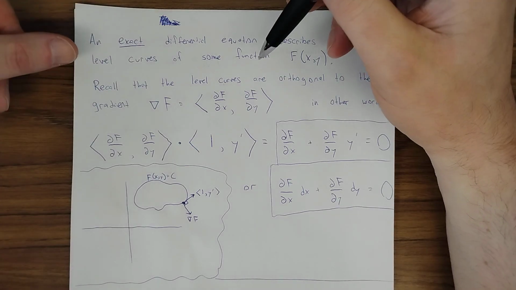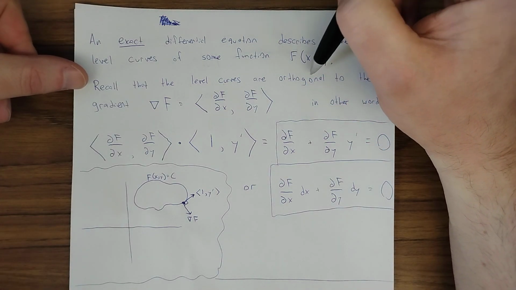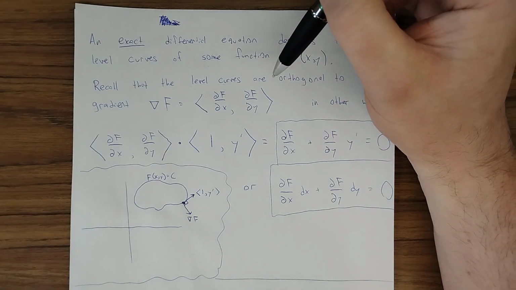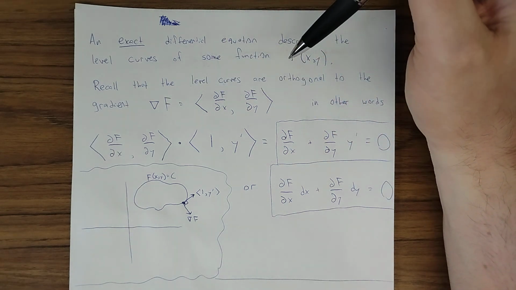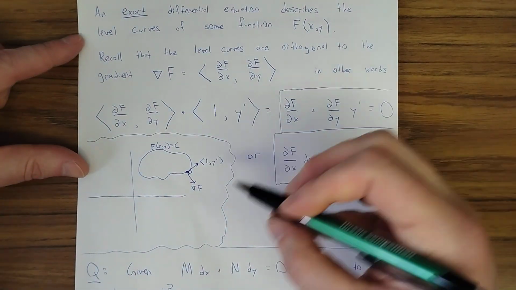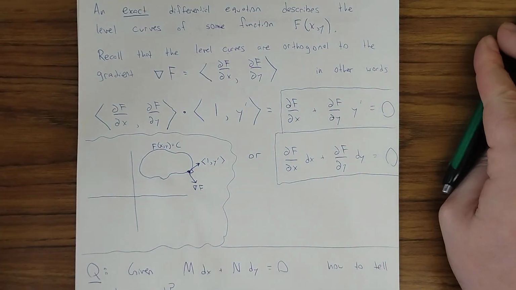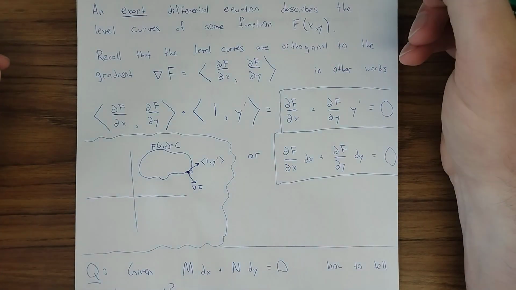And one thing that we learn in Calc 3 is that the level curves are orthogonal to the gradient. That's one of the cool things that the gradient of a function does. Gradient is this vector you make out of the partial derivatives. So here I drew a picture. We're imagining that this is the level curve of some function f of xy. That's this curve.